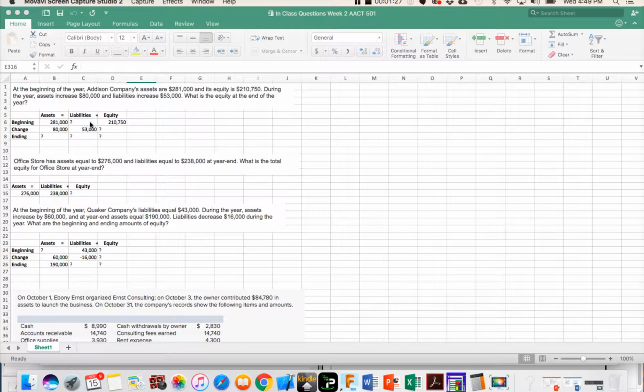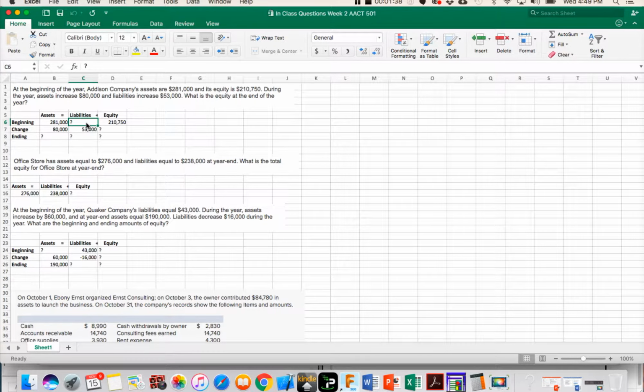So that would leave me with the equation 281,000 minus 210,750 equals x. For this Excel cell that I highlight here, I'll just put the equation in: equals 281,000 minus 210,750.